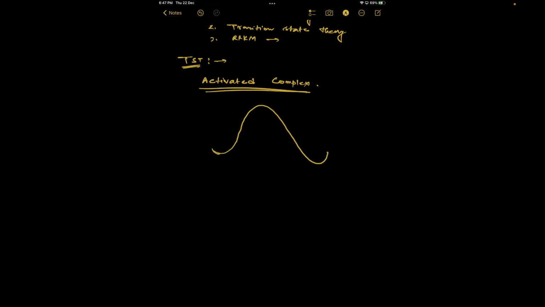Let's say these are the reactant molecules here, and this is the product molecules, and this is the transition state or activated complex. This is represented by a double dagger.